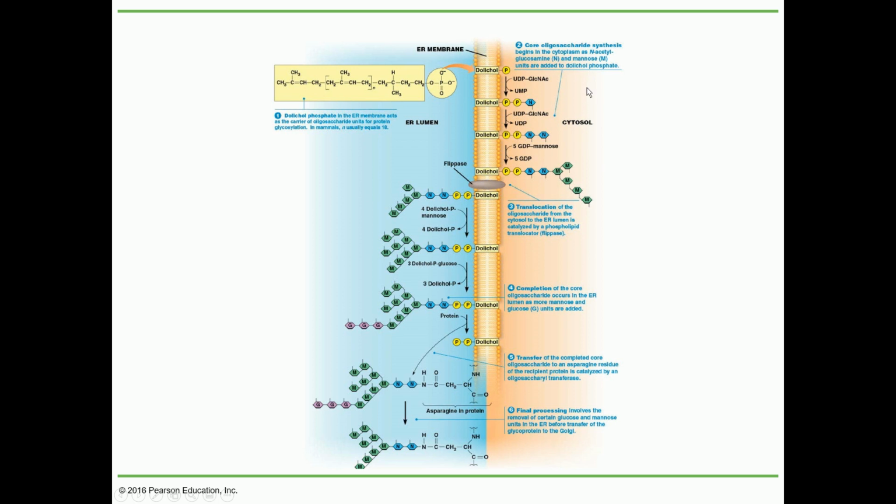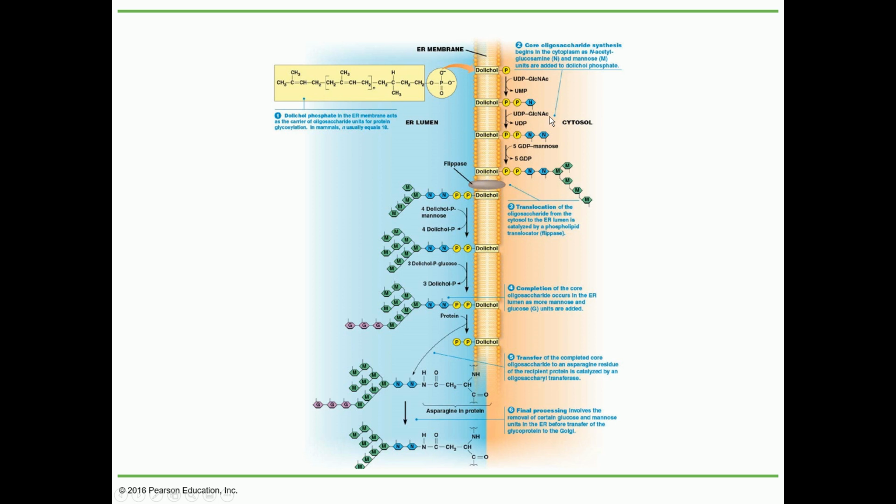Core oligosaccharide synthesis begins in the cytoplasm, as N-acetyl glucosamine and mannose units are added to dolichol phosphate. First of all, N-acetyl glucosamine is added, and then mannose units are added.